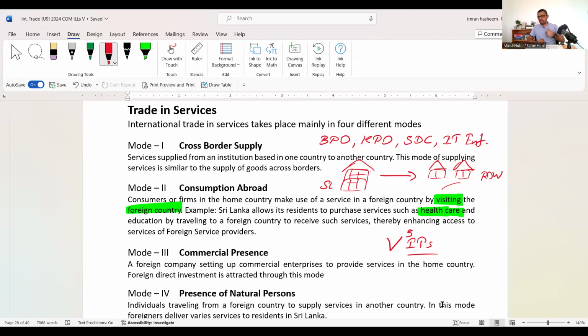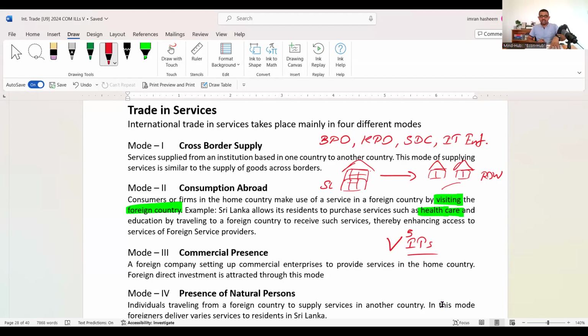The funniest or the saddest part here is sometimes our health minister, who is responsible for our health sector, when he falls sick or has to get a medical procedure done, doesn't go to the national hospital or the Sri Lankan hospitals and show the people, this is where I also take medicine from.